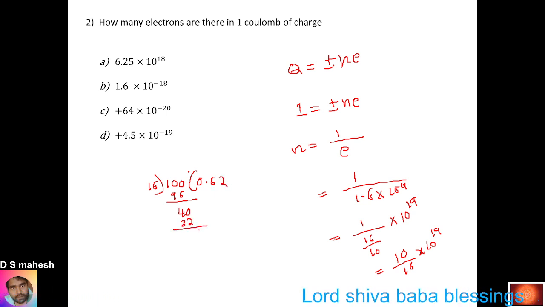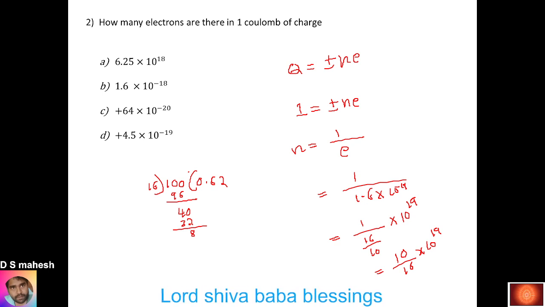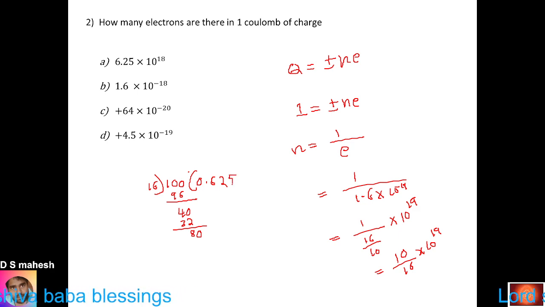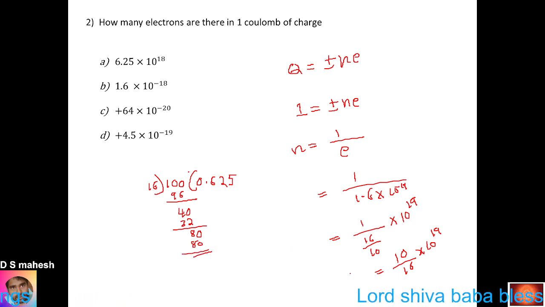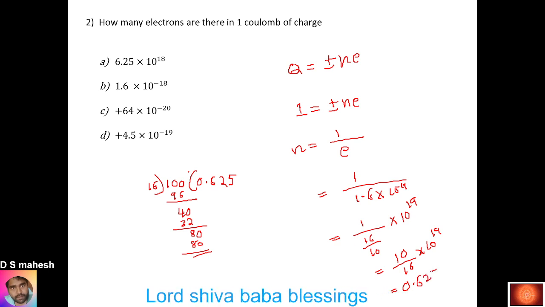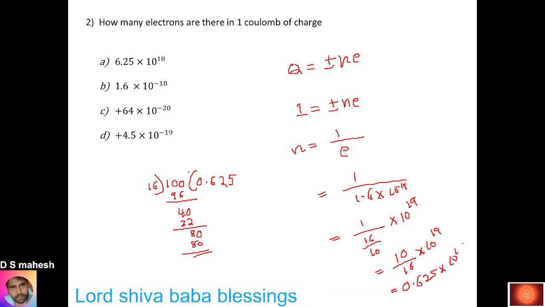So again 80 is remaining over here. Next is 16 5s are 80. So that would be 0.625 into 10 to the power of 19.